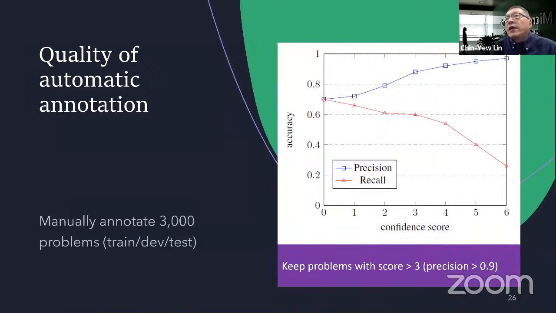After we run the classifier, we get a score, and we can see the curve here. If the confidence score is above 3, then we get higher than 80%, about 90% accuracy. So if the classification algorithm gives a score over 3, we are confident the answer could be correct.